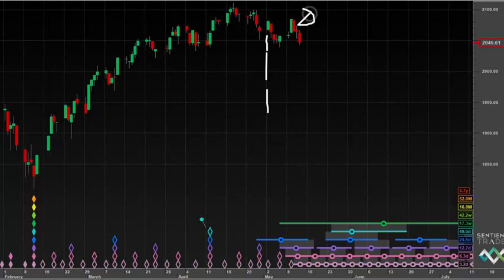So that's round about here. And that would have been an opportunity to enter into a short trade, because at that time I was expecting price to be bouncing out of the 40-day cycle trough, and it would have been turning down and heading down into the 20-week cycle trough.